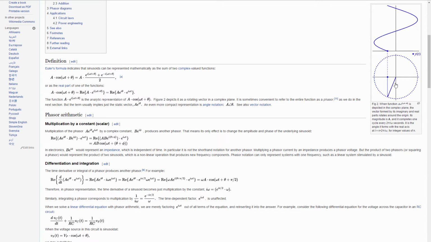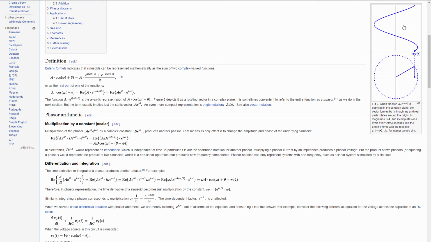So the angle is the phase, represents the phasor. The amplitude of the vector, the length of the vector, corresponds to the amplitude of the wave. The phase of the vector is represented by the angle at which it goes around. So when it's all the way to the right, that's a phase of 0. When it's all the way to the left, that would be a phase of pi, and so on.